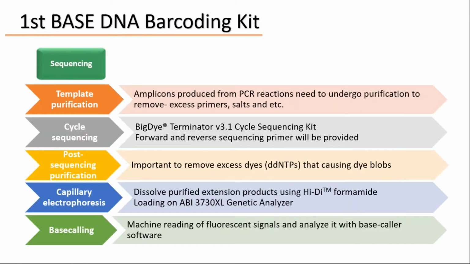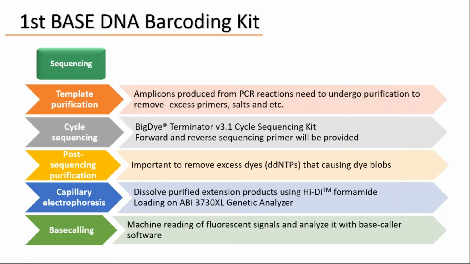Okay. After the PCR, this is something that is very familiar for most molecular students, I think. So here in this chart is a simple chart that we want to highlight to our customer, showing the flow of the sequencing process.